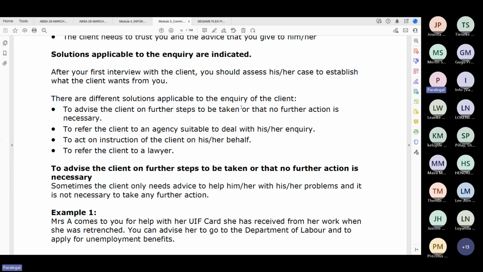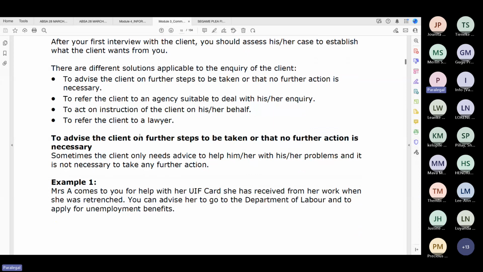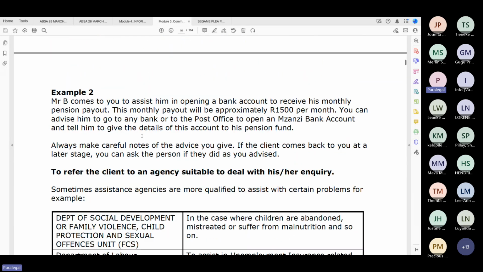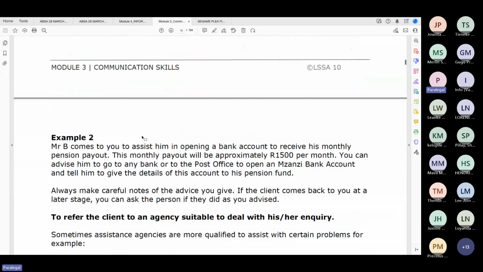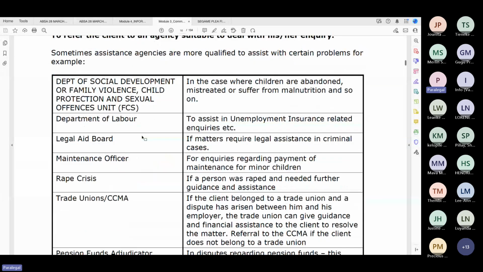Perhaps it's a person who's facing a criminal matter, whom you must simply take to legal aid. To act on the instruction of the client, you must do it speedily. You refer the client to the appropriate lawyer, as I have been saying. So these are the things that are appropriate, and I've put examples there for you.